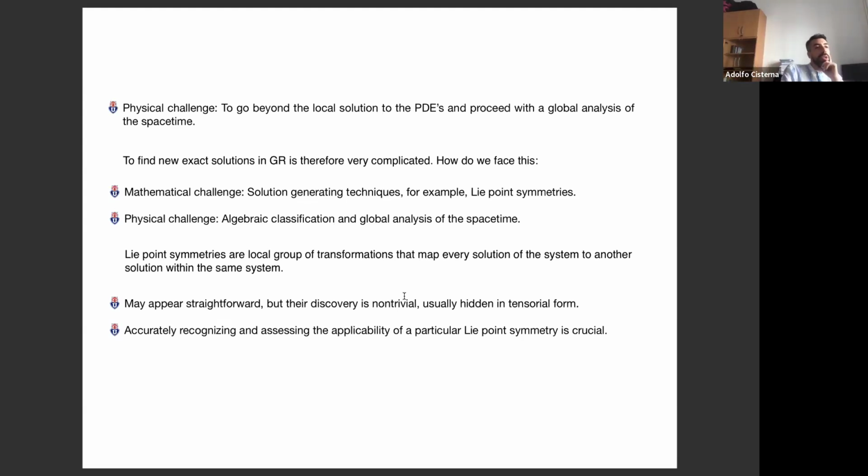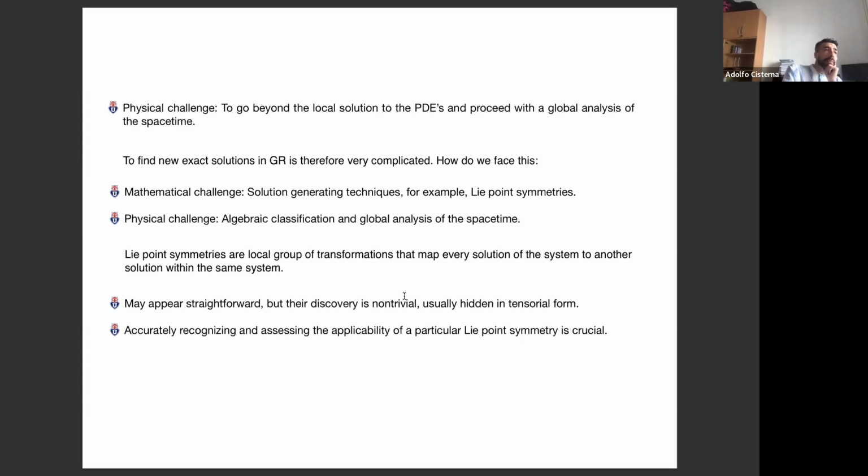So basically, when you detect Lie point symmetries of your field equations, you can move from one solution to another within the same system. And this is very nice because usually the techniques we have to find solutions knowing a known solution, something we call the seed, are frame transformations that move you from one theory to another. Something we are going to see in a few slides, right? But Lie point symmetries keep you within the same theory.